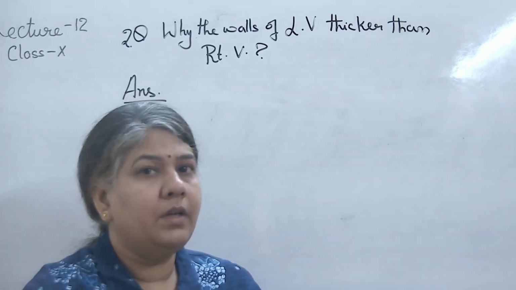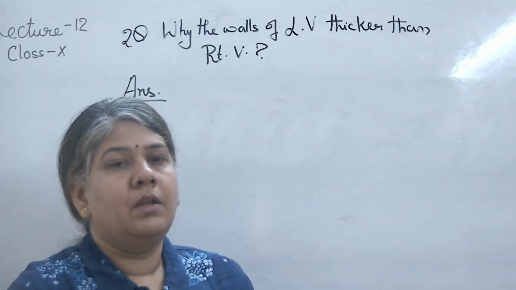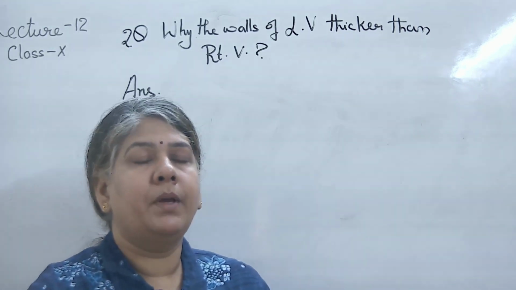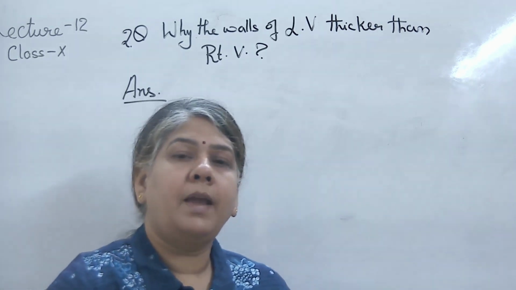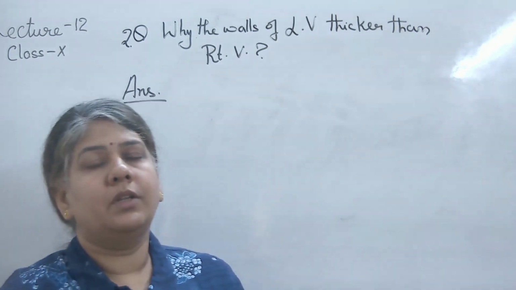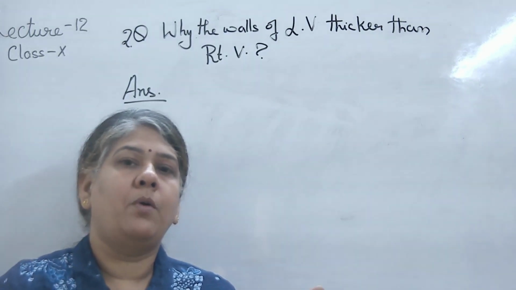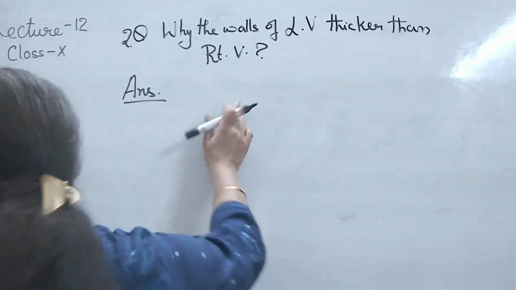So when the ventricles contract, they push the blood out of the heart. Left ventricle is pumping the blood to all parts of the body, whereas the right ventricle is pushing the blood only to lungs, which is a nearby organ to the heart. So this is the reason. So you may write the answer.